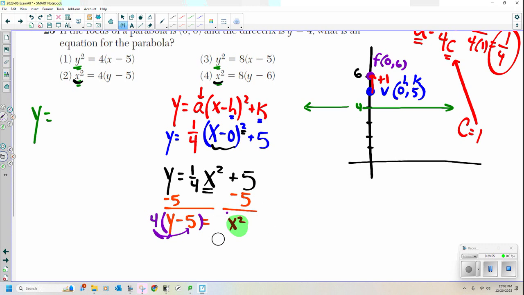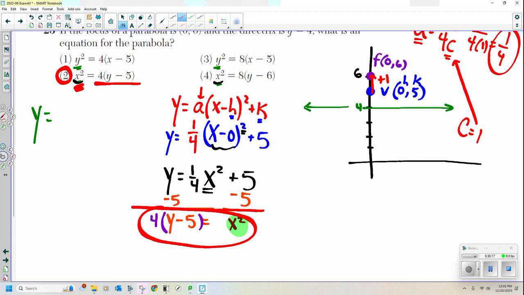We got x squared equals, they didn't even distribute this 4. So they make you do math, but then don't finish the math. Ugh. X squared is 4 times y minus 5. Nasty.